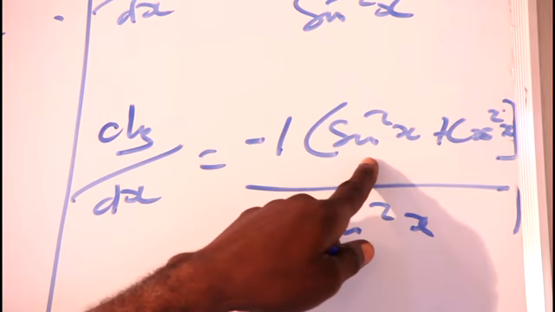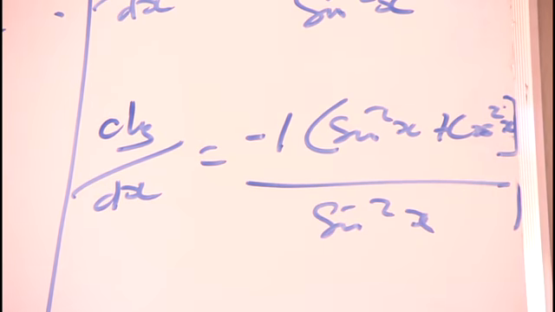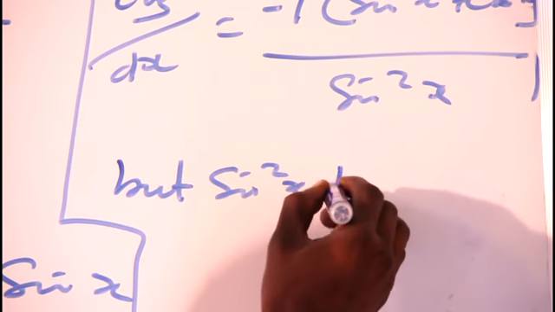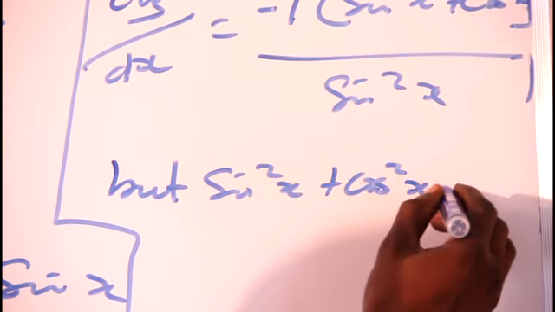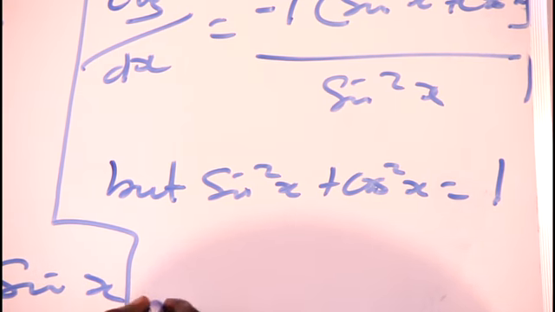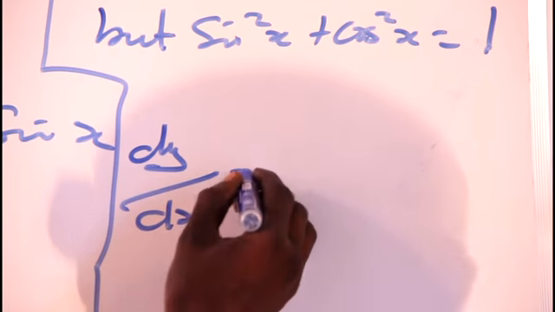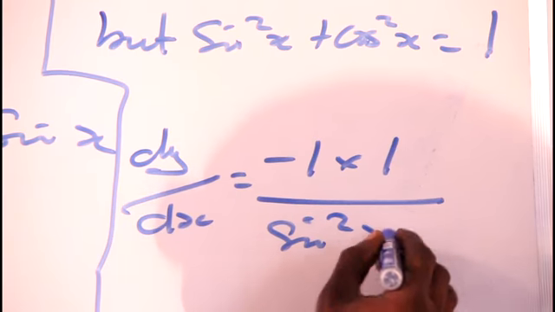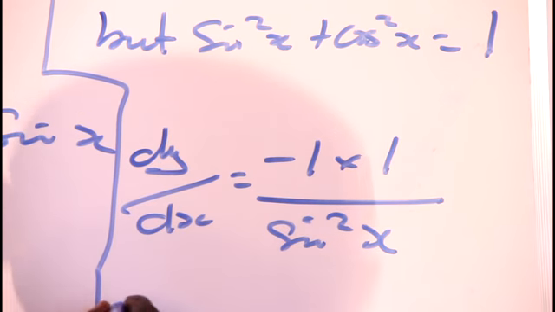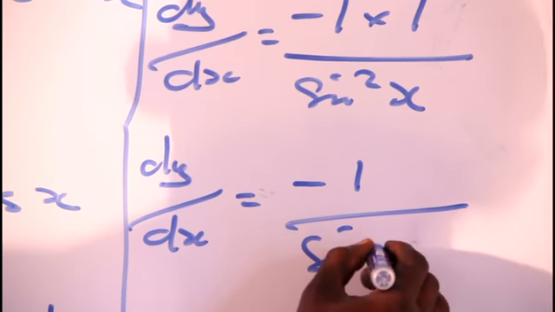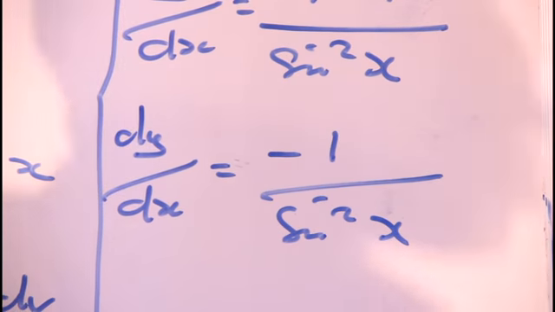But sine x squared plus cos x squared has an identity: sine x squared plus cos x squared is equal to 1. That's one of the identities. So when you substitute it, we end up having dy over dx equal to minus 1 times 1 all over sine x squared, which is minus 1 over sine x squared. 1 over sine x is cosec x.